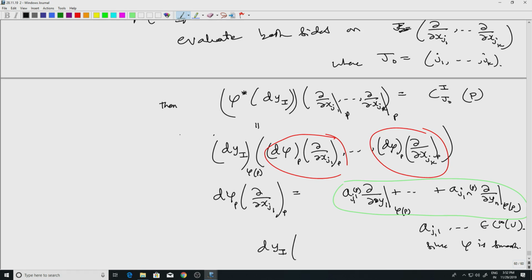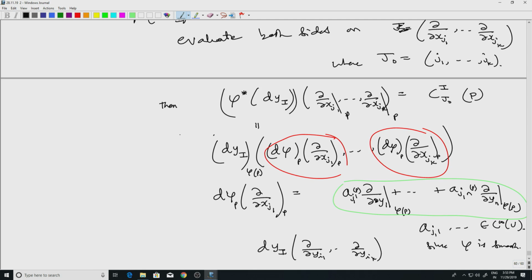We know exactly what it does to things like del by del y^{i1}, del by del y^{ik}, etc. So we know that this is going to be either 0 or 1.